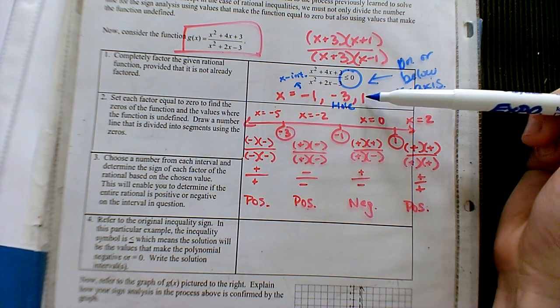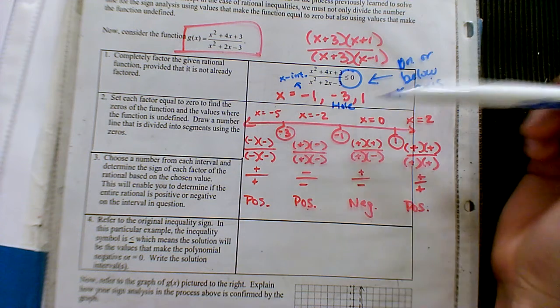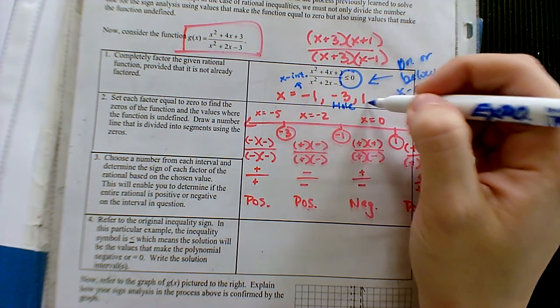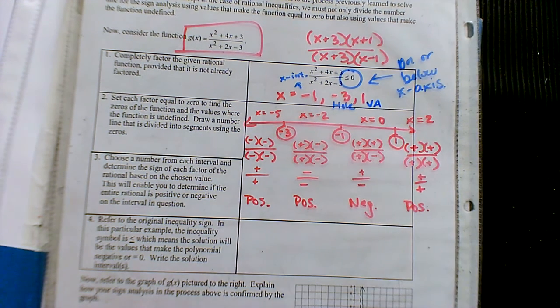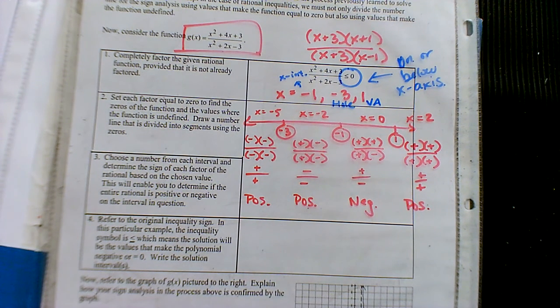And the number 1 only made the bottom 0. So this is telling us that we're going to have some number up top, but 0 on the bottom. That's going to be our vertical asymptote. So when it comes time to analyze this sign chart, we have to be aware of which of these three numbers we could possibly include and which ones we definitely can't.